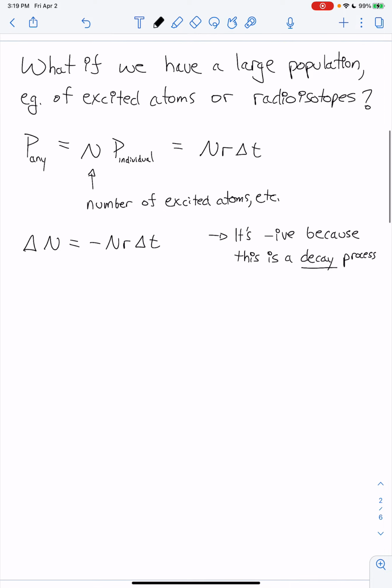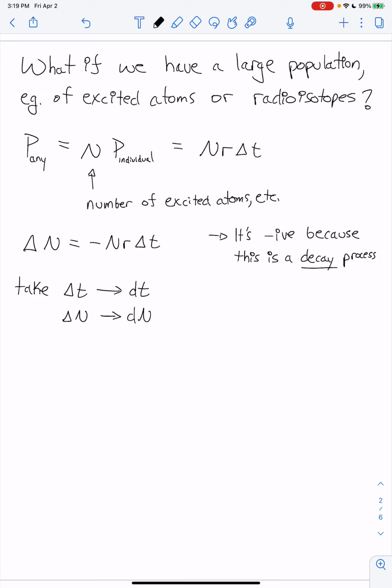Okay, so we have this in terms of the change, but let's take delta t to dt and delta n to dn. So we're going to look at a really small incremental change so that we can look at our rate here.